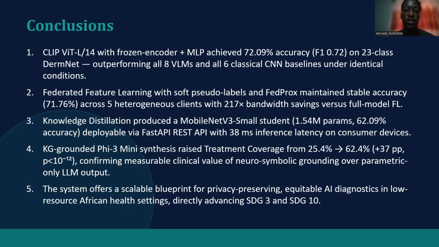Then also we employed federated feature learning together with soft pseudo labeling and FedProx, and doing this, we were able to maintain a stable performance across distributed clients while reducing communication requirements by about 217 times compared to full model federated learning. Then we also did distillation, which allowed us to compress the teacher model to a MobileNetV3 small student model with only 1.54 million parameters, making the deployment practical while also maintaining competitive performance.